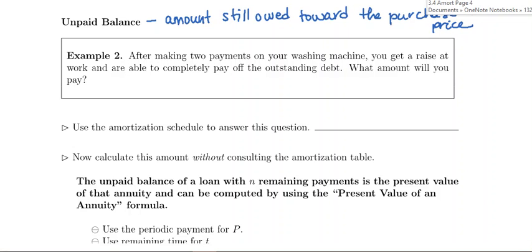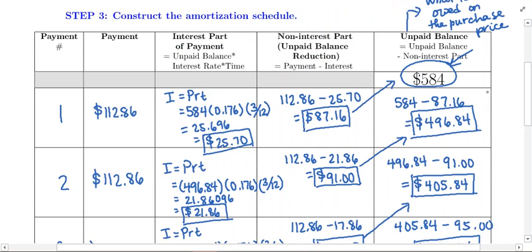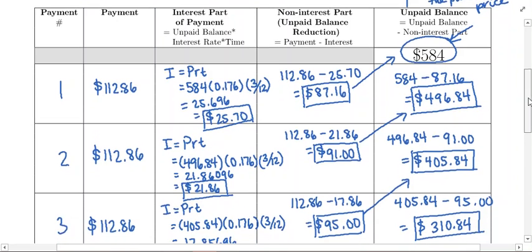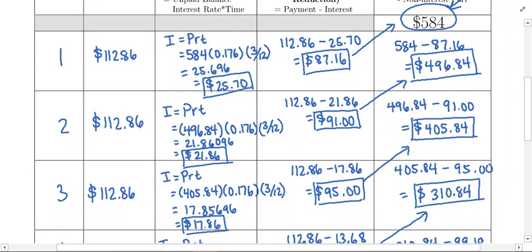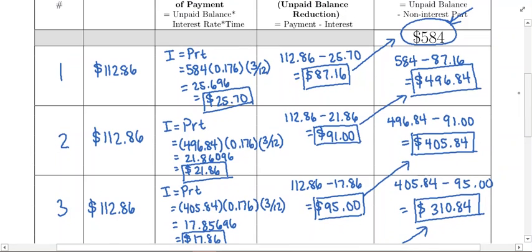Let's go back to the amortization schedule. So here's the amortization schedule, and here is the answer. Look at the row for payment number 2, the $112.86. We calculated the interest paid portion of the payment and the non-interest part.